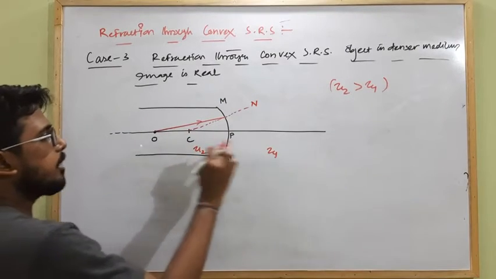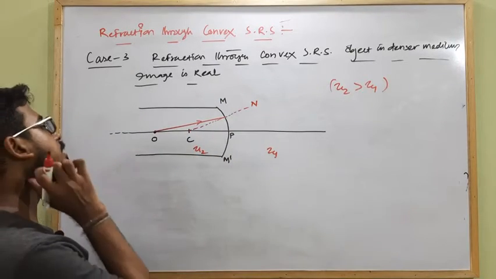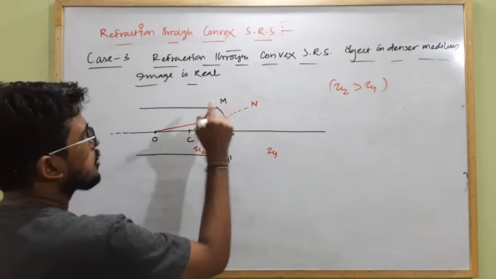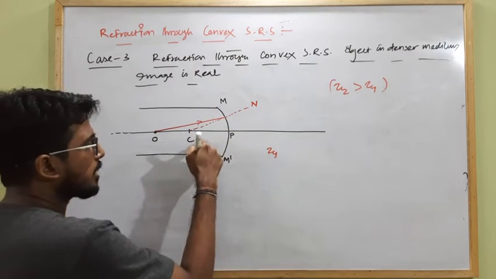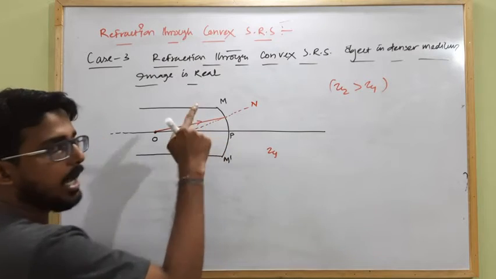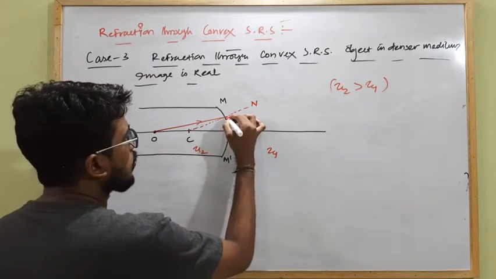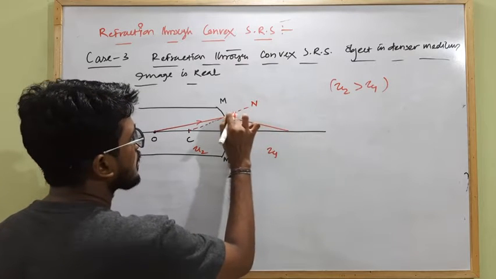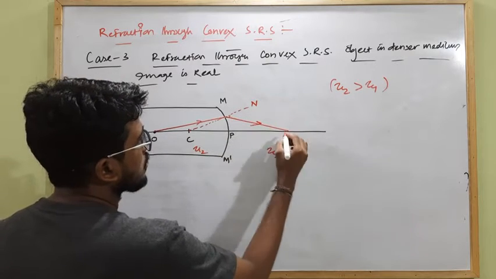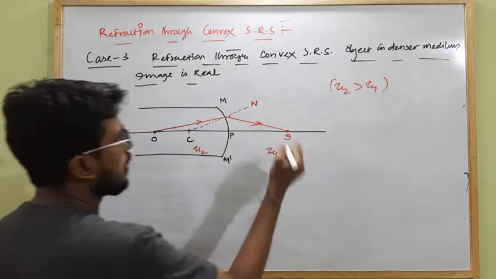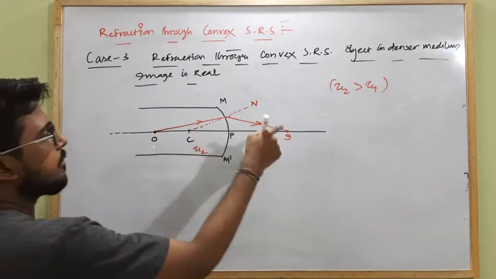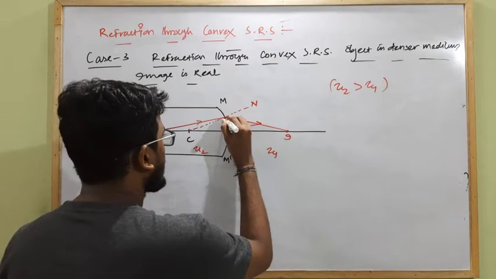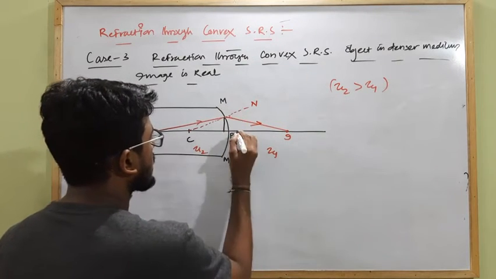Object is in the denser medium, image is a real image, that's why this is the incident ray, this is the normal. After refraction, when light rays pass from denser to rarer medium, they bend away from the normal. So the path goes like this, bending away from the normal. This is the real image formed by the refracted ray. Now we have to draw a perpendicular from this point to the principal axis.